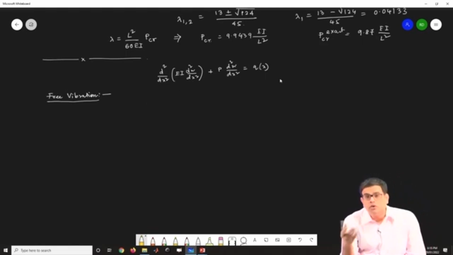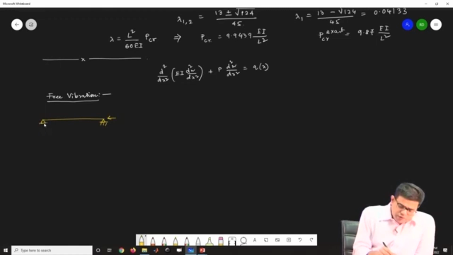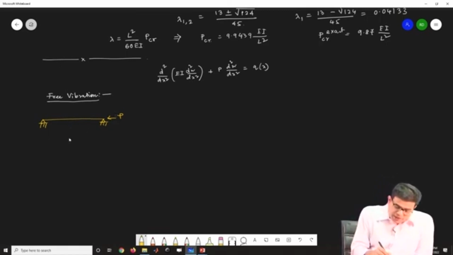Here P is known to me. For the same beam, I want to find out the natural frequency given this P. So the important thing is P is given here.